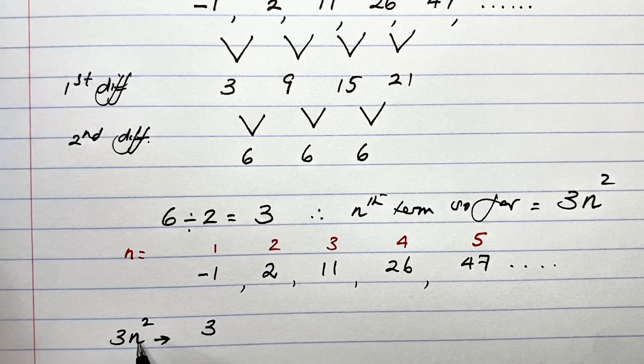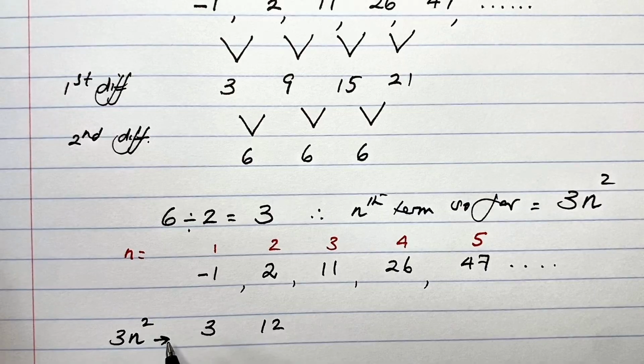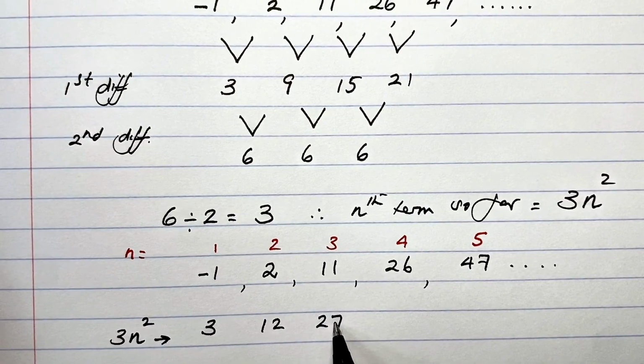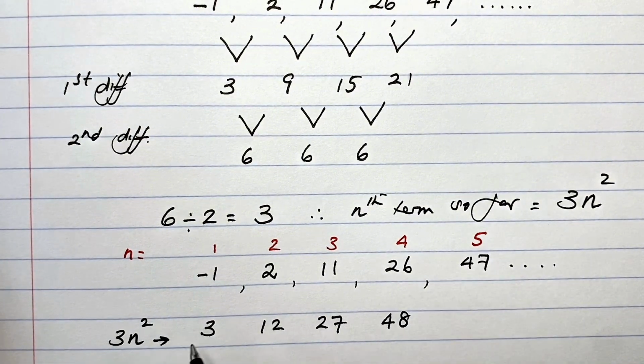When n is 2, 12. When it's 3, 3 squared, 9 times 3, 27. 4, 16 times 3, 48. 5 squared, 25 times 3, 75.